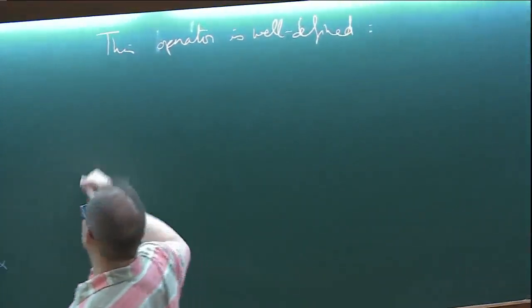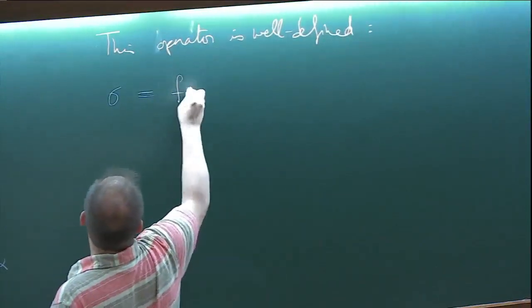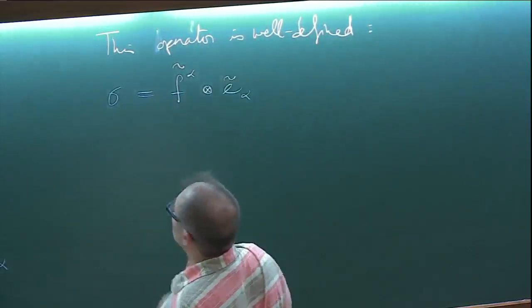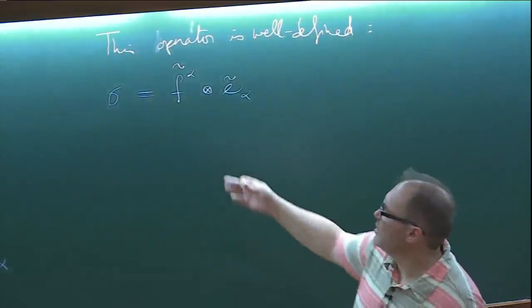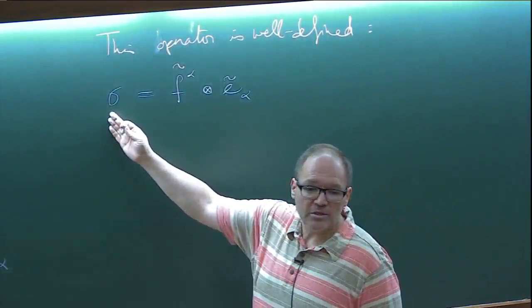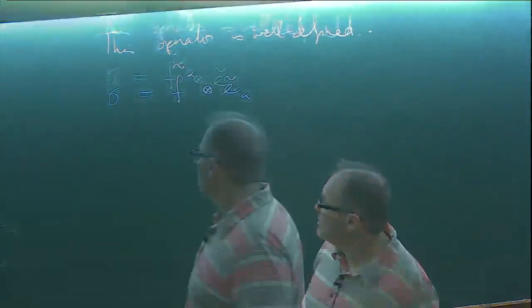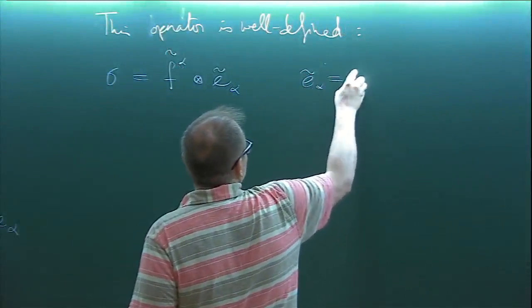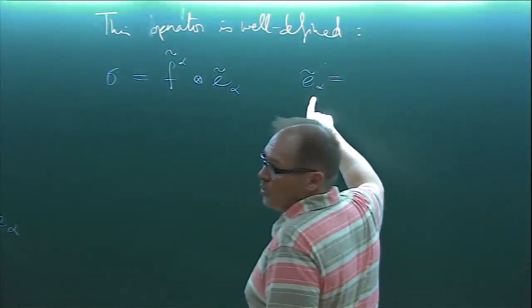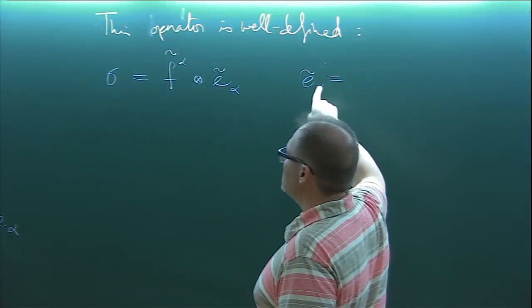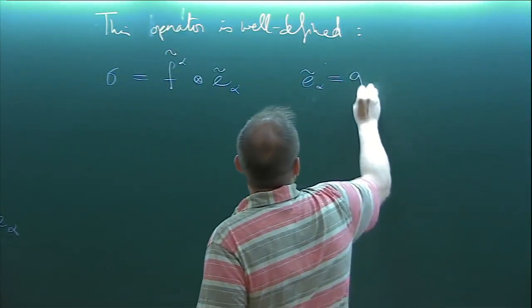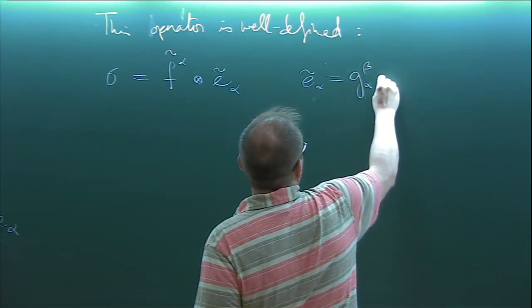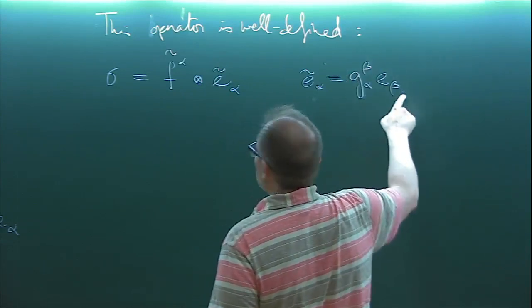Okay, so suppose on the other hand that we write sigma as f-tilde_α tensor e-tilde_α, where e-tilde_α is another frame, and these are the coefficients of this same sigma with respect to this other frame. Well, e-tilde_α is going to be some matrix of holomorphic functions times e_α. So it'll be g_{αβ} times e_β, with a summation over the beta.